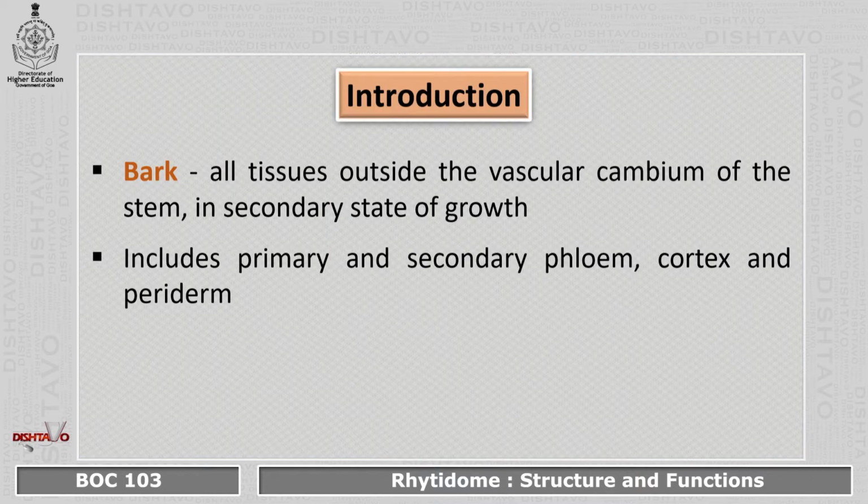Bark. Bark is basically all tissues outside the vascular cambium, also known as fascicular cambium, of the stem in secondary state of growth. It includes primary and secondary phloem, cortex, and periderm. As I mentioned, periderm is a protective tissue which is secondary in origin.